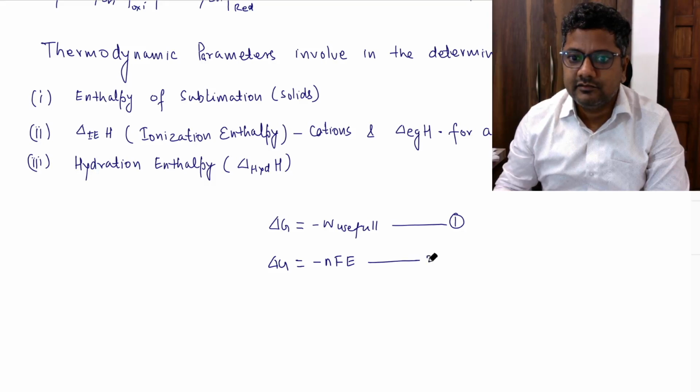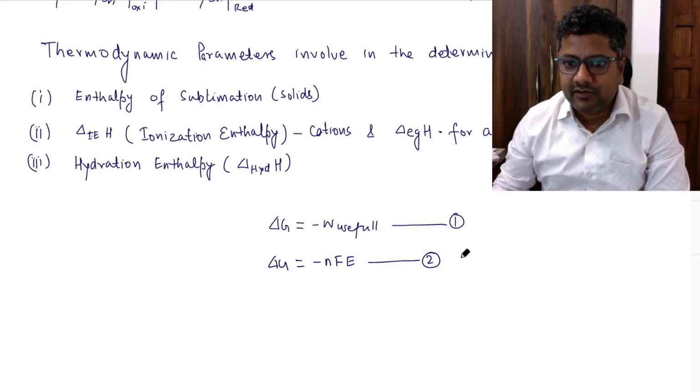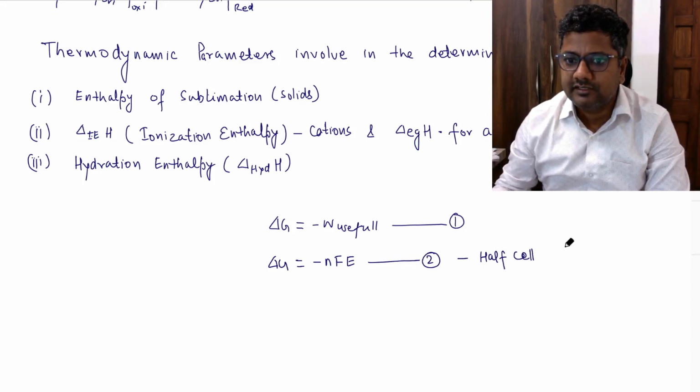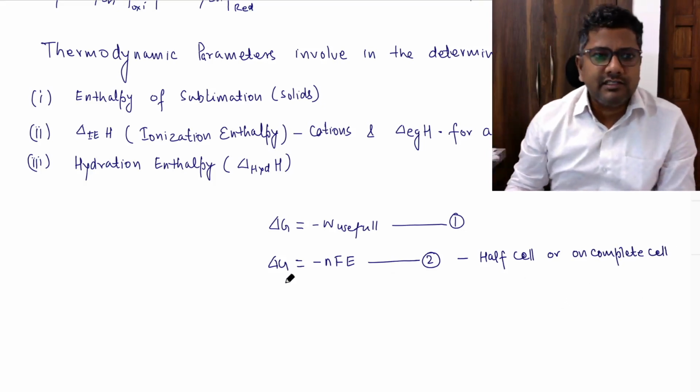So this is a very important formula for this chapter, and the whole chapter is based on this formula only. See, you can use this formula for a half cell or on a complete cell. Any half reaction is given, then you can calculate delta G for that.